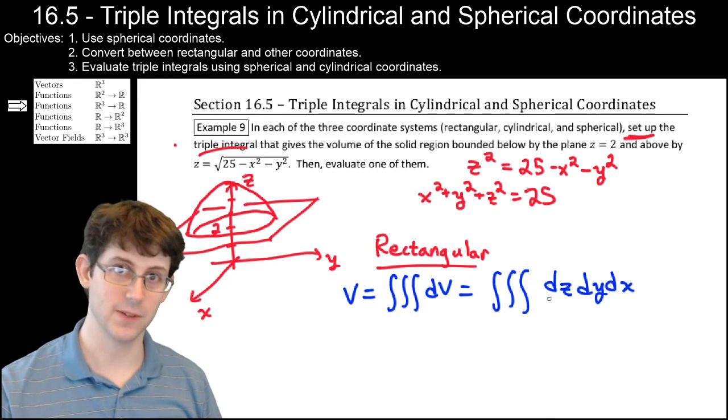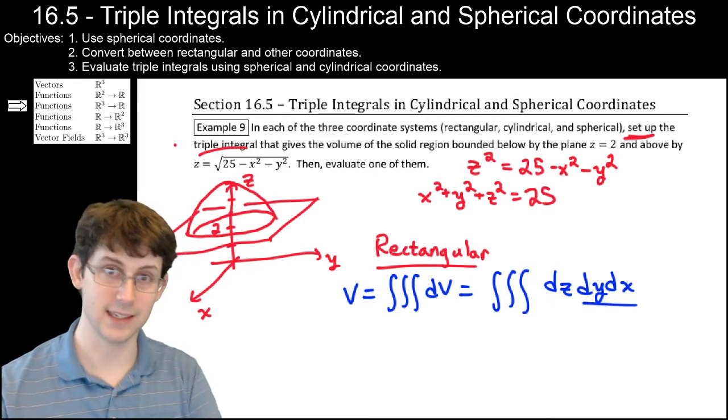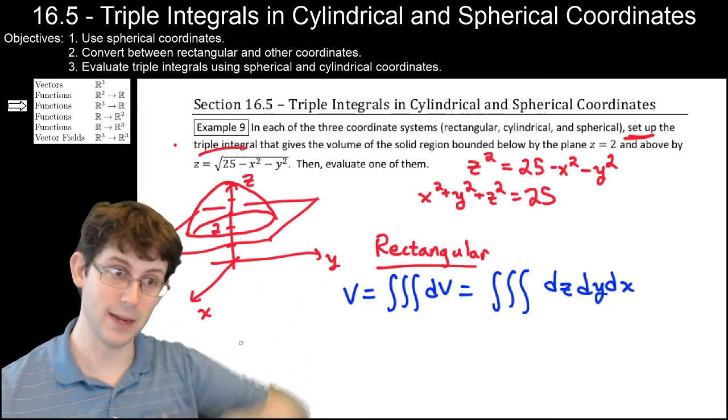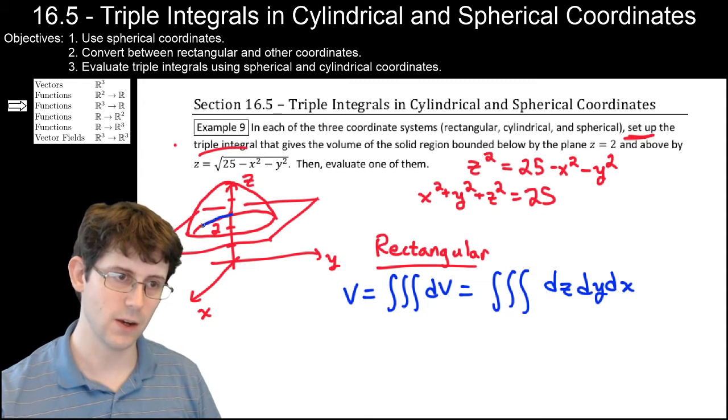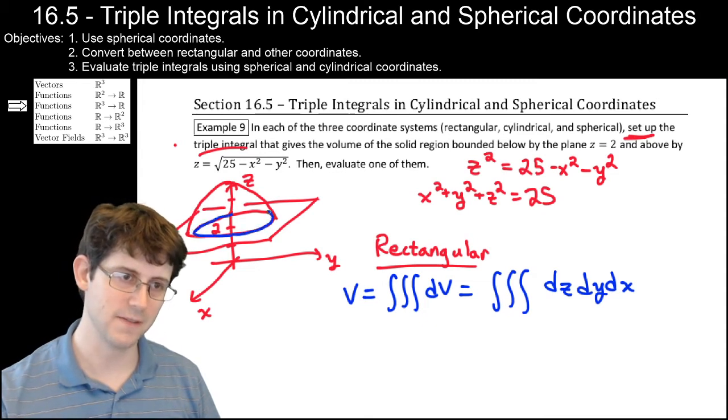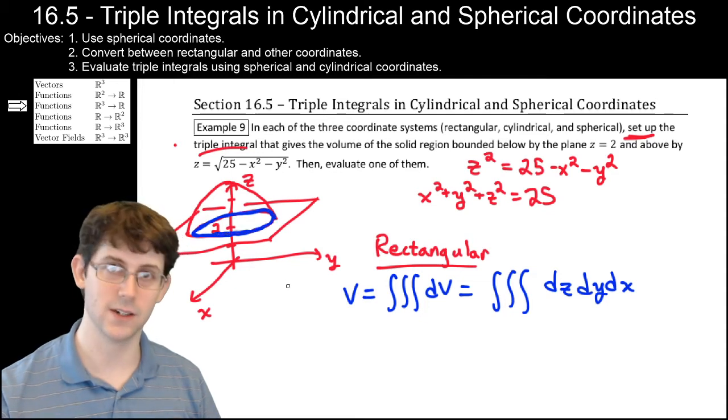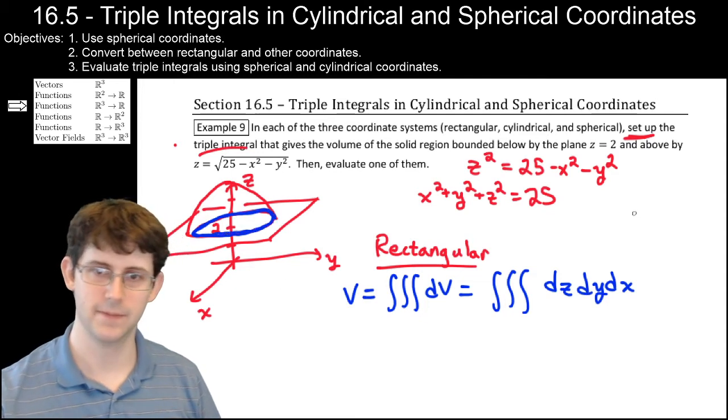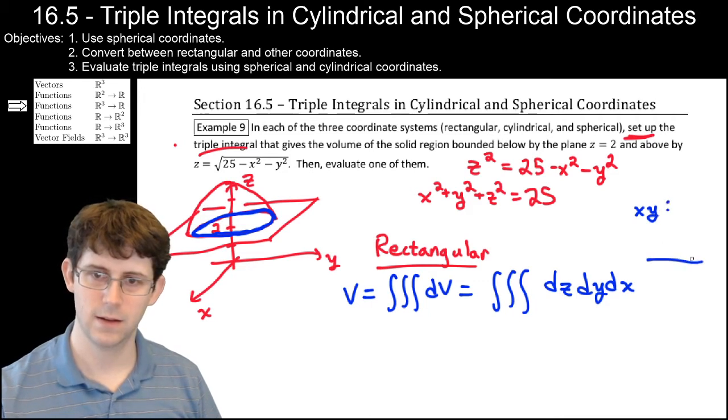I'll put off dealing with z until later. First, I'll deal with x and y. So I look down on the xy plane and I say, what's going on when I look down from above? And the outer thing that I'll see is this circle. It's a circle. The question is, which circle?